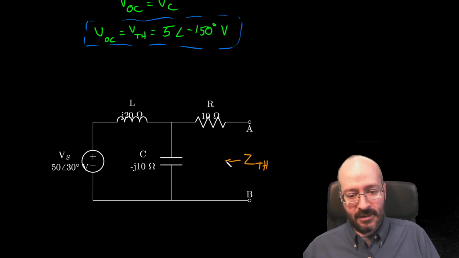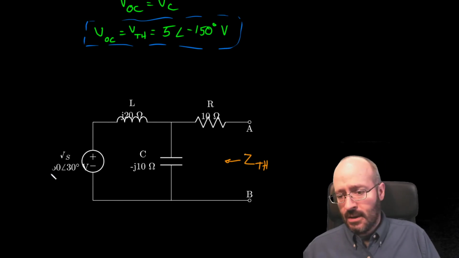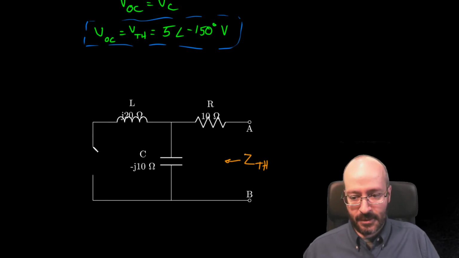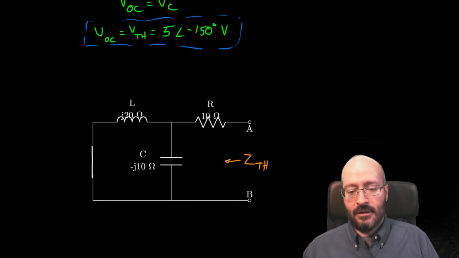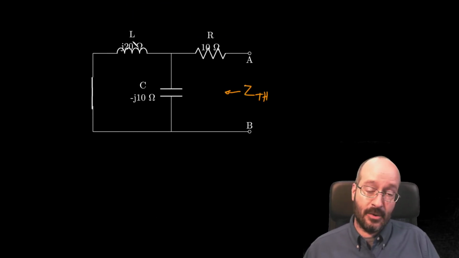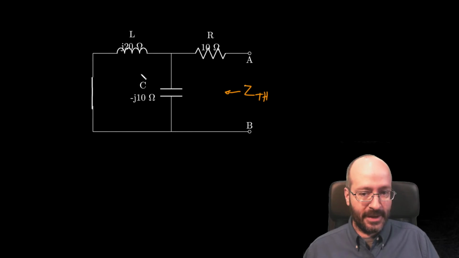Looking back into the circuit this way, we can use any of the three methods I taught you in previous videos. Method 1 seems to be just fine for this one. Hopefully you can see that the inductor and the capacitor are now in parallel since I shorted the voltage supply, and that's all in series with the resistance.